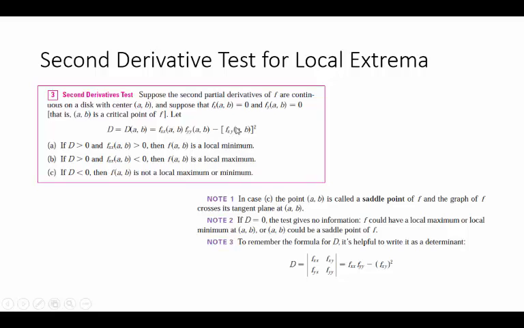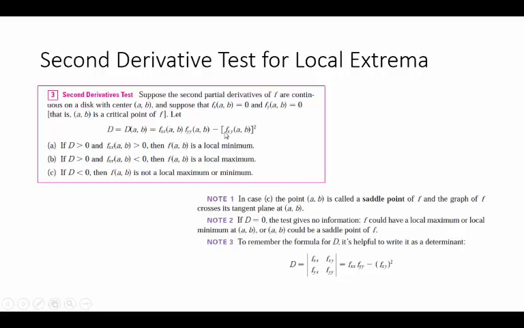Then we need to take a look at a different second derivative scenario. The one fortunate thing is that fxy and fyx should be equal to each other because we're dealing with nicer functions. And so here is what they're calling the discriminant that we're going to look at.